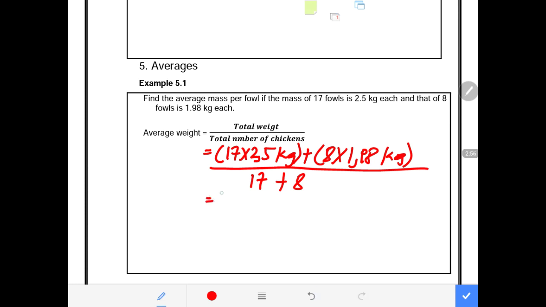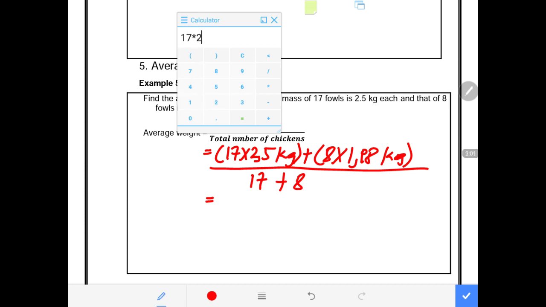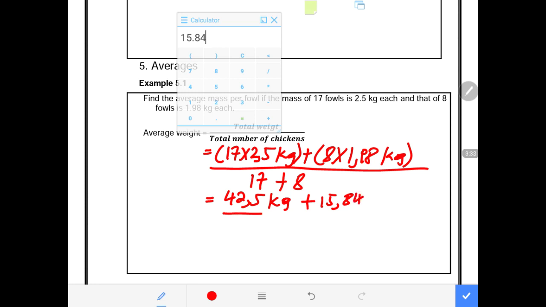I just want to expand the calculations above. 17 times 2.5 gives us 42.5, and now the 42.5 is the total weight, 42.5 kg, for the 17 fowls or chickens. And plus, I want to separate them, 8 times 1.98, and this gives us 15.84, and all divided by 17 plus 8.